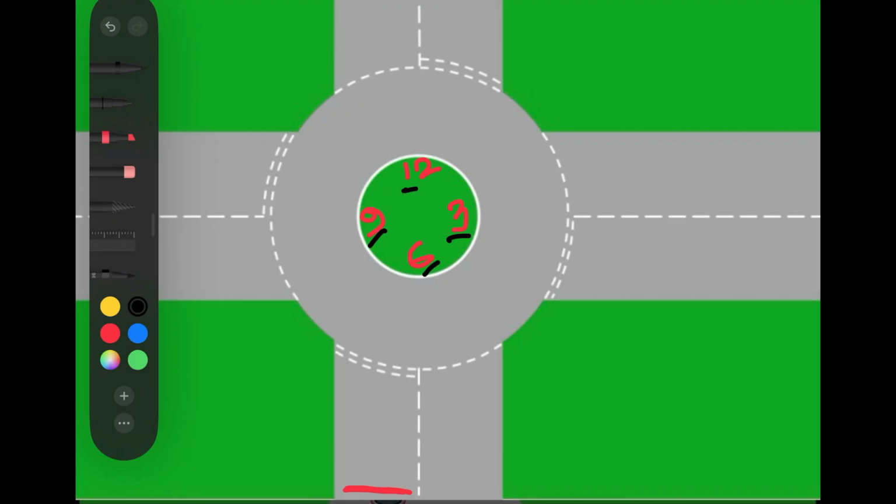You should always count this as the last exit. Now, if your examiner asks you to go left, first exit, that means you're going towards the 9 o'clock position.